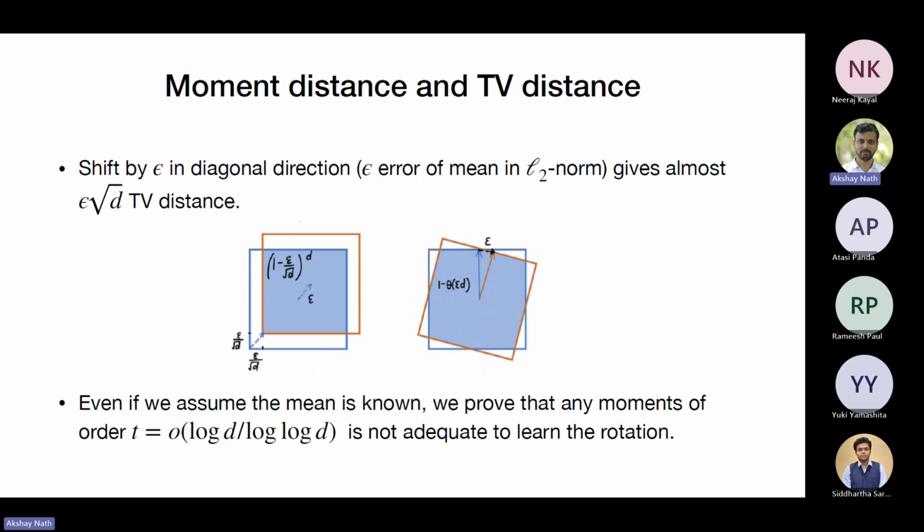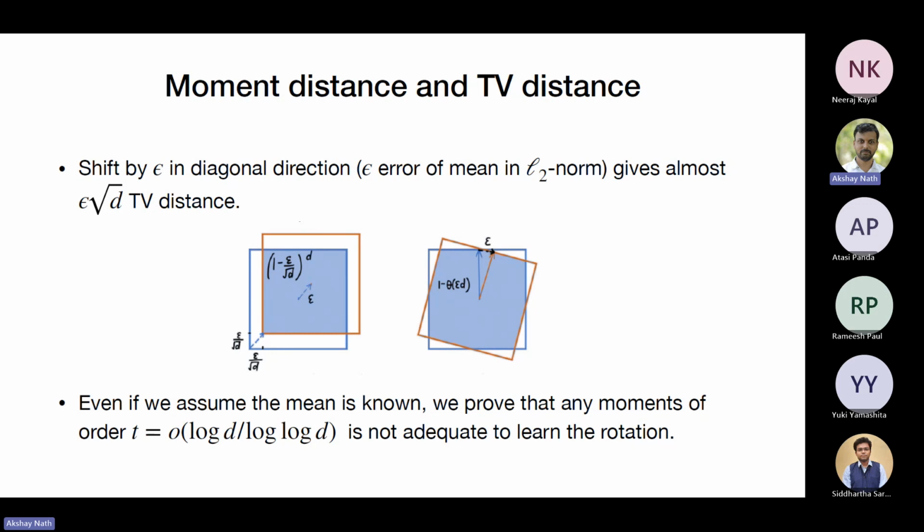And this is another example of why the moments are not enough. Here, we translate the cube by distance epsilon in the diagonal direction. So imagine we translate in the direction of a vertex. Now we can compute how much we translated in each coordinate.